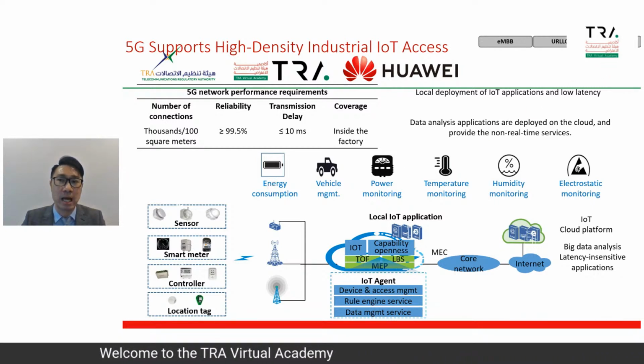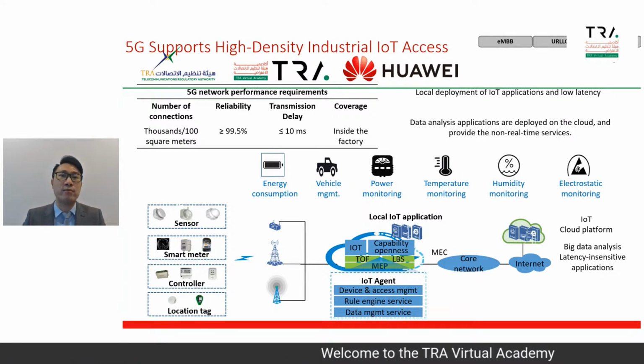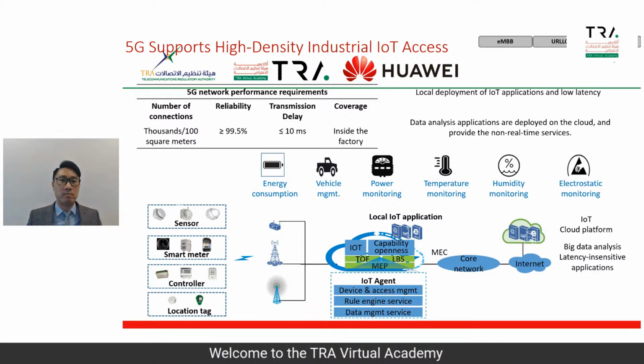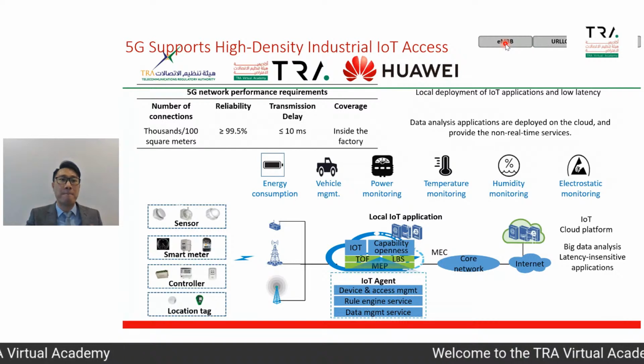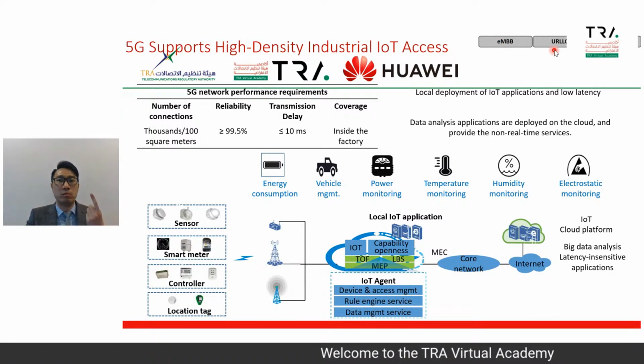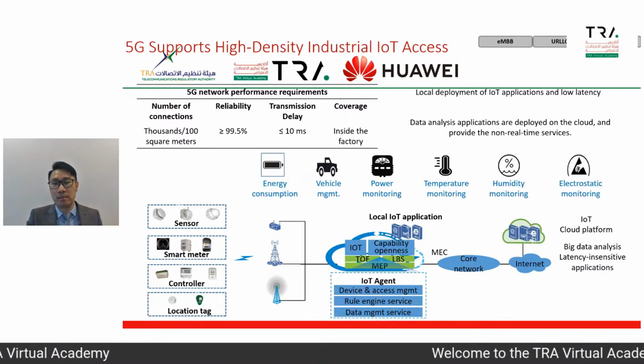So this is the third type of application scenario we can use in 5G. 5G is very flexible, and not only can we support a high bandwidth connection, but we can customize it to support low latency connections, and third, to provide a large connection number.